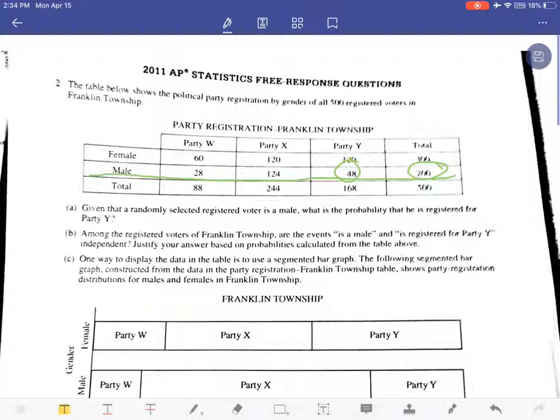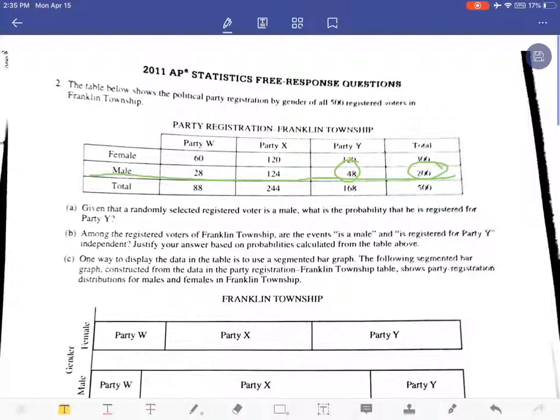So in this case, what that means is that being male is not going to affect your probability of being in party Y, as opposed to all the people together in general.